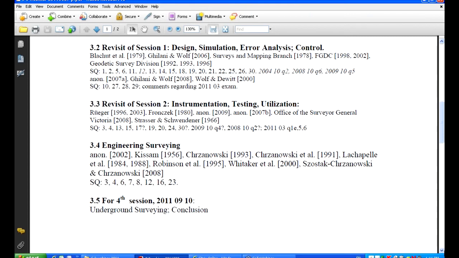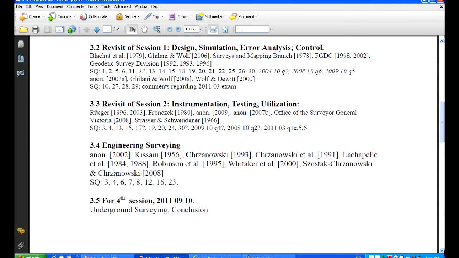So it's dealing more with the mechanics of the deformation. This may not seem directly necessary, but understanding a deformation mechanism and how it's going to be reflected on the surface of a sensitive structure allows us to decide on what surveying measurements would have to be done.